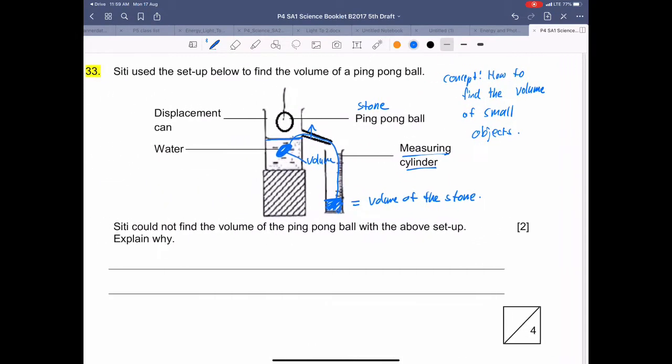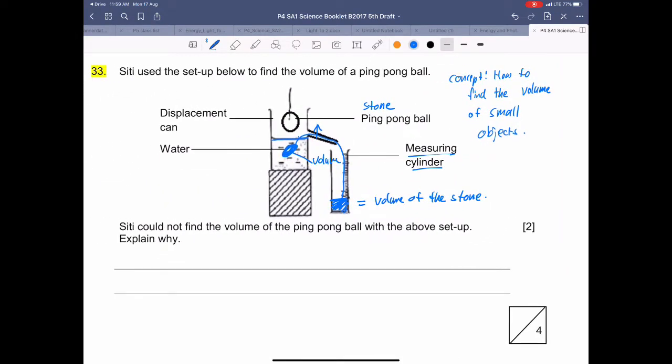So why could you not find it? The ping pong ball floats on the water. Hence, water is not displaced.